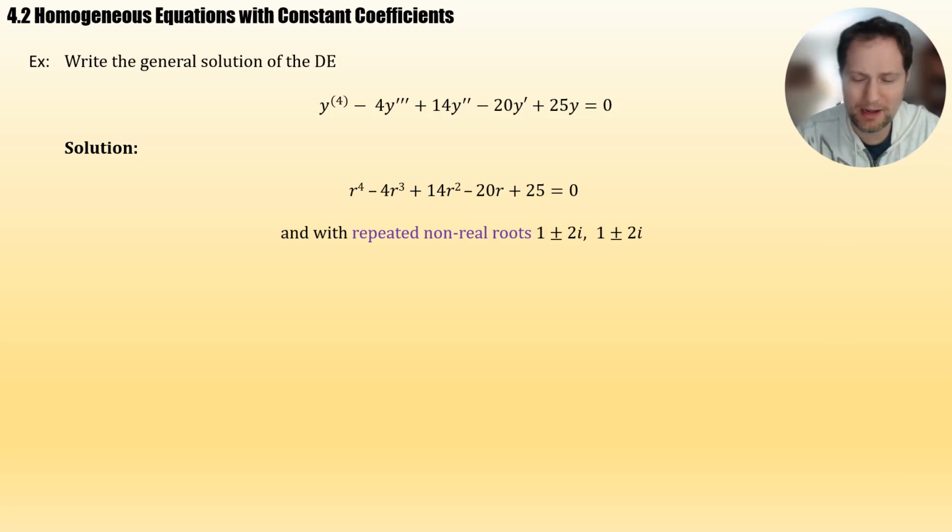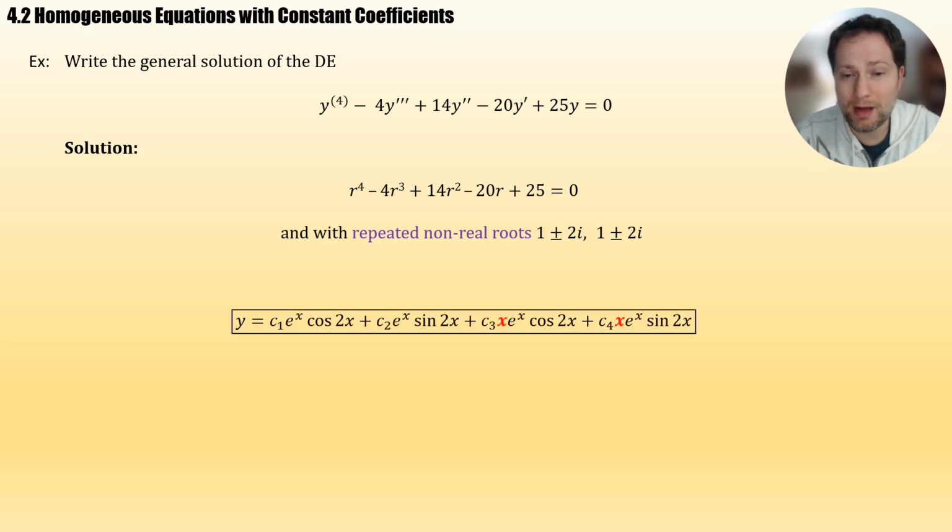So I'm just going to tell you that, because we're trying to illustrate the point here, this has two sets of conjugate pairs of non-real solutions, 1 plus 2i, and then also another 1 plus 2i. So with that in mind, this is an example of that last situation, right?